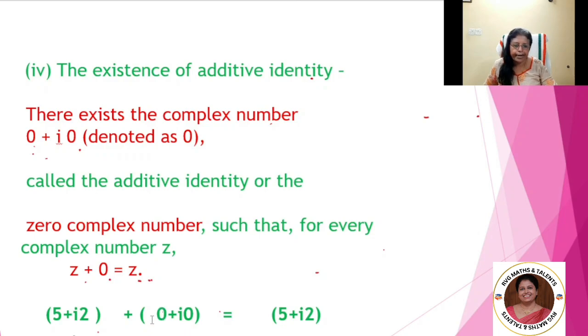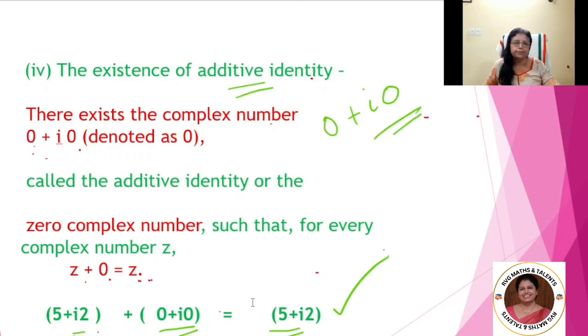We are adding the zero complex number to 5 plus i2. First add the real parts, 5 plus 0, that is 5. Then add the imaginary parts, 2 plus 0, that is 2. So you will get 5 plus i2 as the answer. That means if you add the zero complex number to any complex number, you will get the same complex number. So there exists an additive identity called the zero complex number, 0 plus i0.